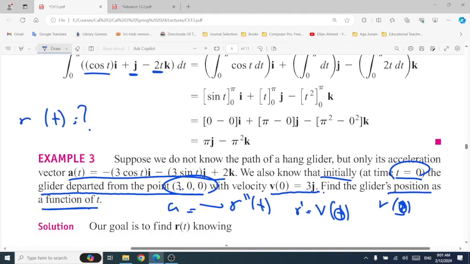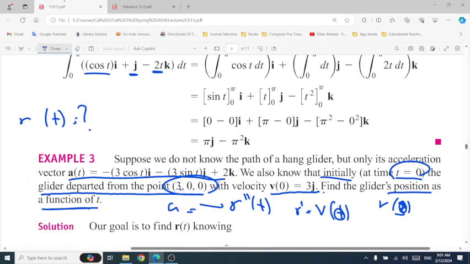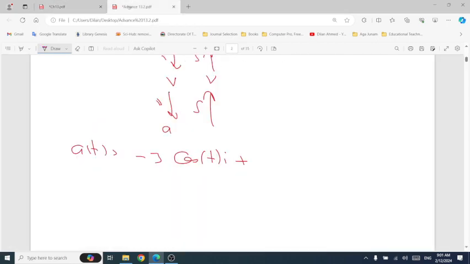So what do we have? For example, a(t) equal to minus 3 cosine t i minus 3 sine t j plus 2k. Good. Silent, please. Now, the first integral.